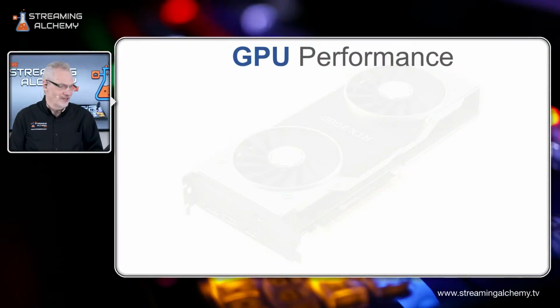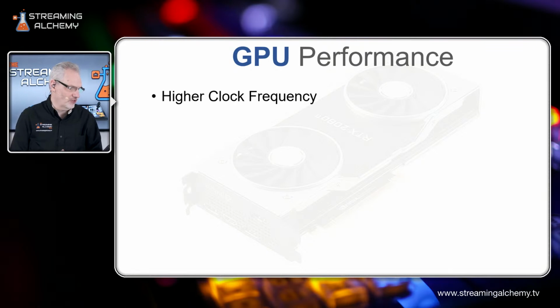So when we talk about performance, we just sort of touched on this. Again, these are computing devices, so everything is clocked. And so higher clock frequencies are going to typically result in higher performance, certainly within a similar GPU architecture. The other thing is the width of the data path.